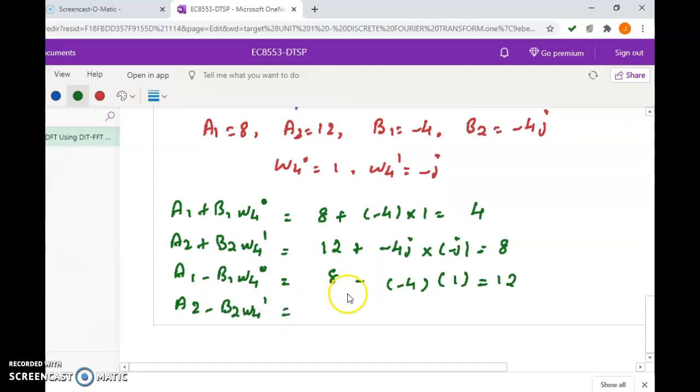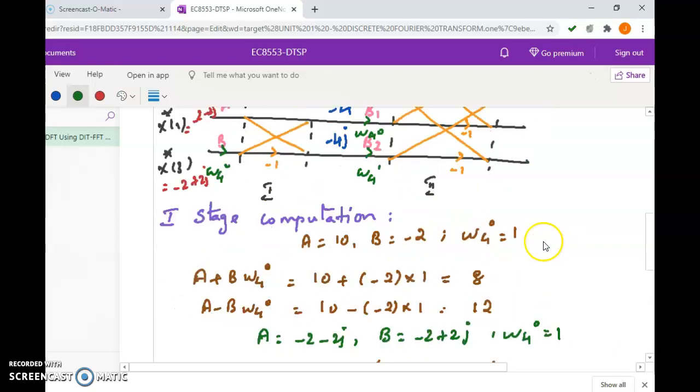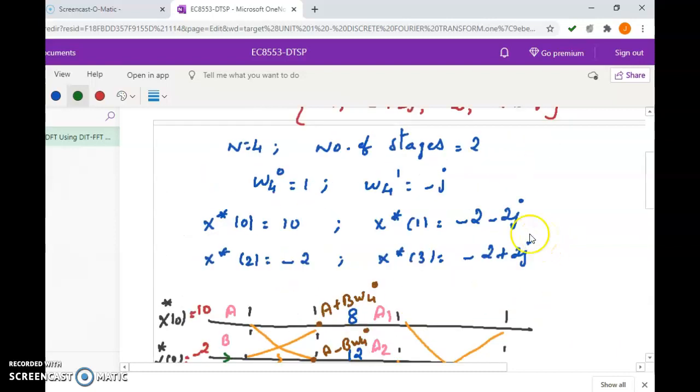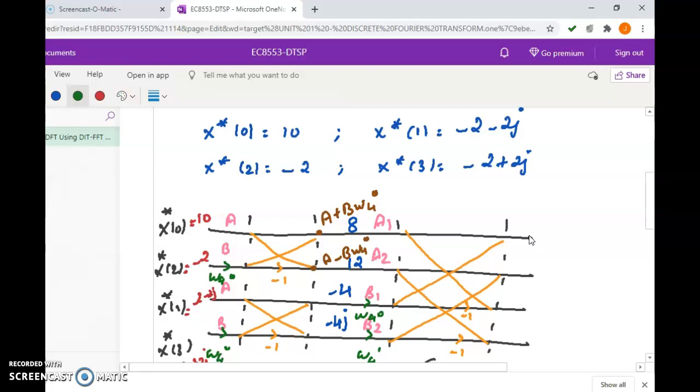So A2 is 12 minus B2 is minus 4j and W41 is minus j. So minus into minus plus, j square is minus 1, here also one minus. So 12 plus 4, 16. Okay. So 4, 8, 12, 16 is the final value.